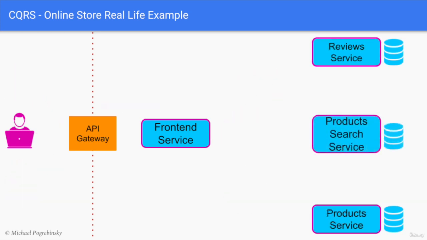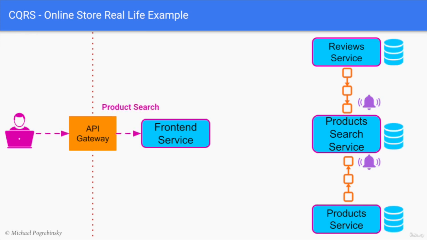So to solve this problem, we can use the CQRS architectural pattern. By using this pattern, we can add the product search service, which would have its own database. This database would store all the necessary combined data for each product and its reviews. And the service would also subscribe to updates to this data from the review service and the product service.